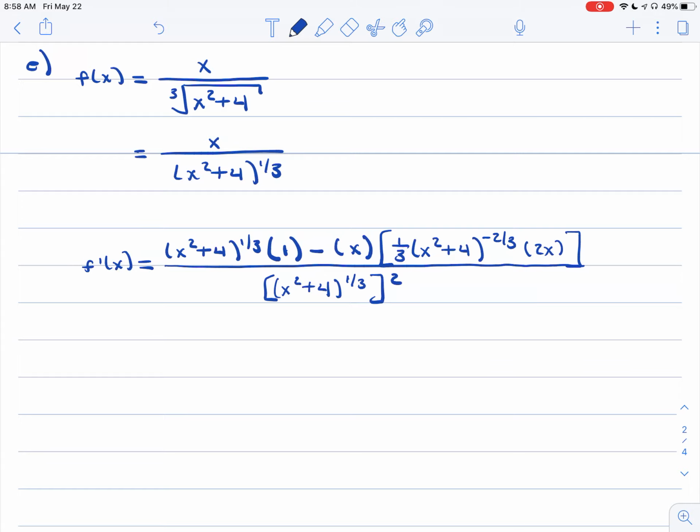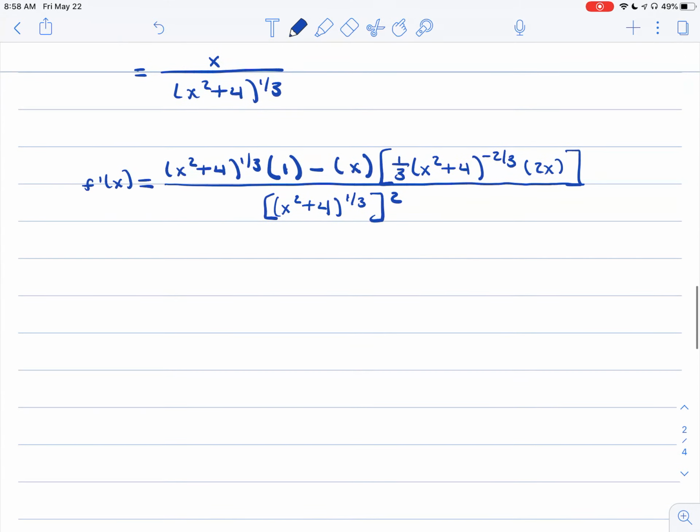Now for all of our algebra to simplify this down. I'm just going to clean this up a little bit. So we have our x squared plus 4 to the 1/3 here. And then for the second piece, we have an x times a 2x, so that's going to give us a 2x squared.